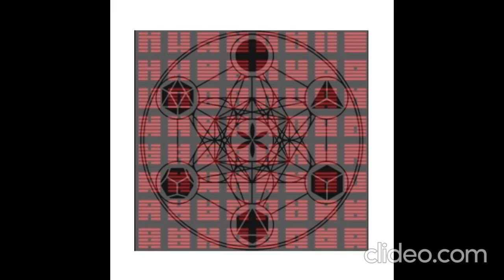What's 3 and 5? 8. 3 plus 5 equals 8. Why is all this stuff adding up like this? Is this coincidence? I don't know.